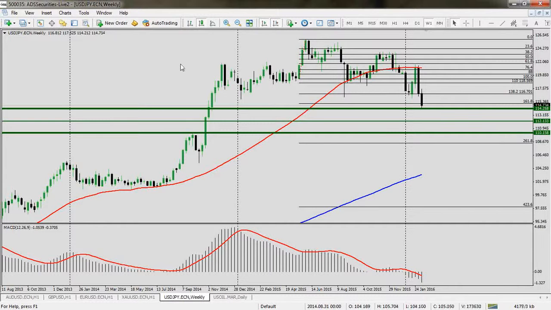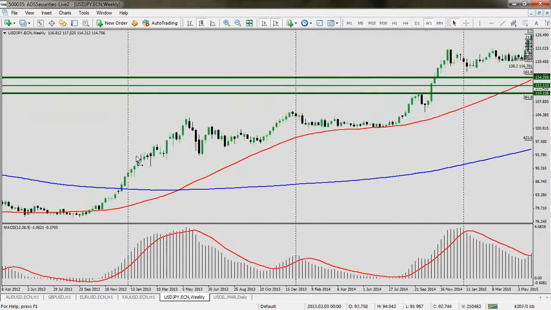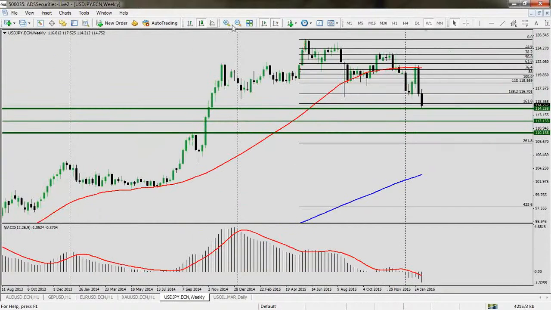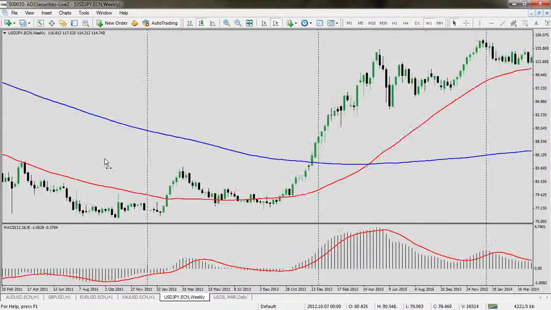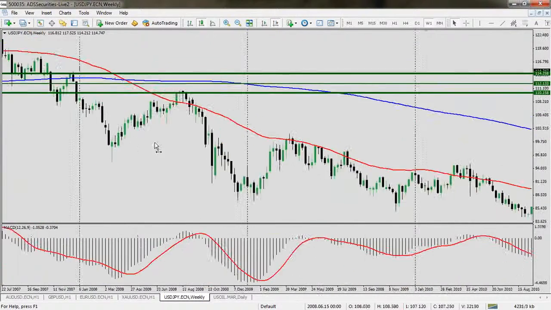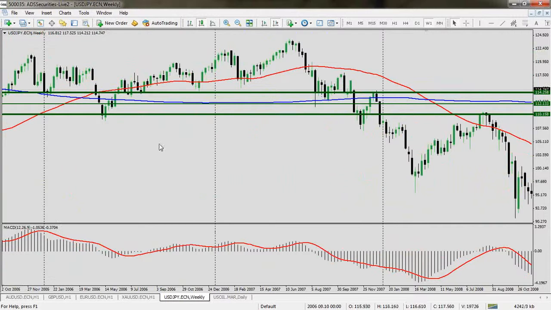If you ask me, why are these levels so important, because they are not really Fibonacci levels, how do you define those? Basically, if you go backwards in your chart on weekly time frame, all the way back to 2005, 2007 levels, just before the financial crisis, you will see these levels becoming massively important.